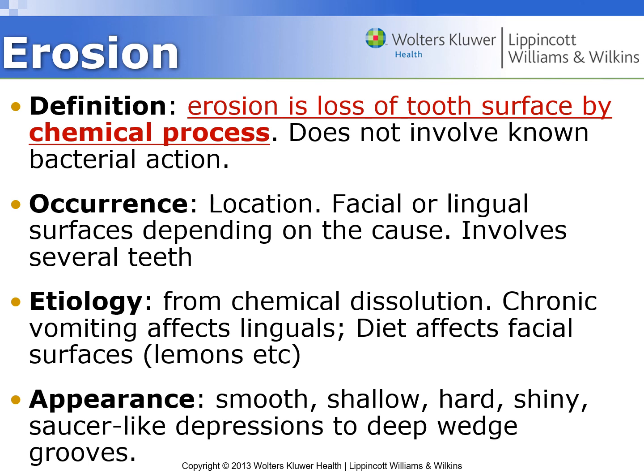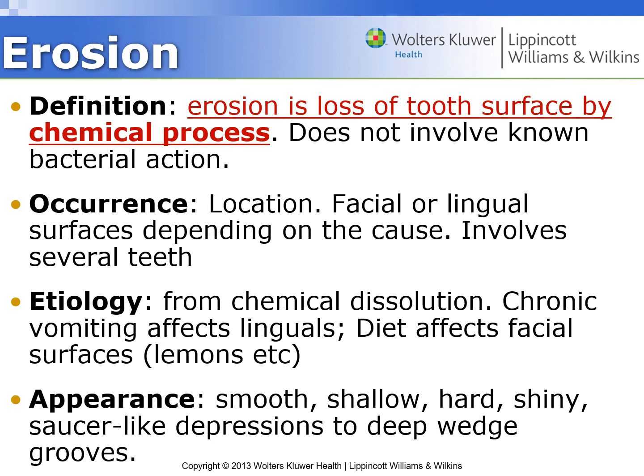It's on the facial or lingual surfaces, depending on the cause, and it usually involves more than one tooth, usually a group of them, even 6 or 8 on the lingual. The cause, chronic vomiting, affects the linguals. You've got that acidic throw up coming and hitting the teeth a lot.